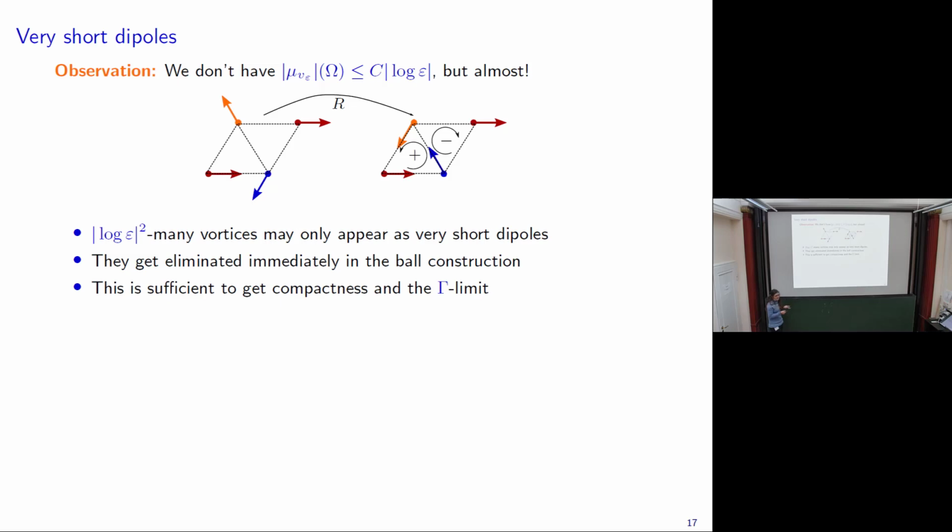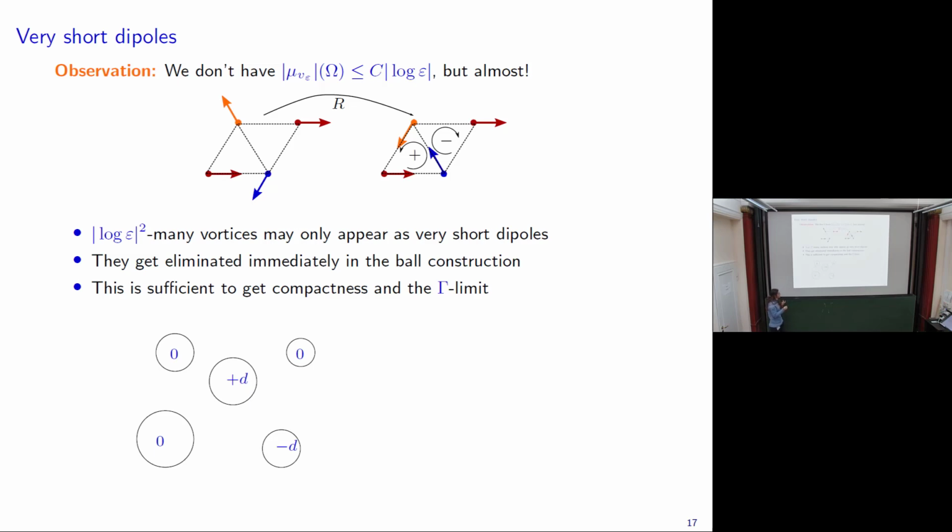Well, you get to the compactness and the gamma limit. So the compactness is more or less the idea that I sketched before. For the gamma limit, well, you follow the ball construction actually, and you collect your singularities until you get a lot of balls where the sum of all the weights is zero.